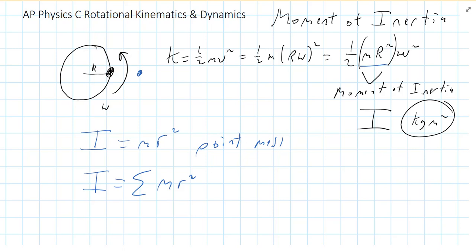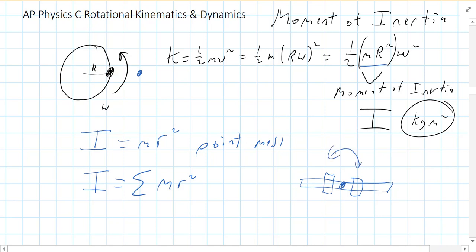As an example of this, imagine you have a bar and you put two weights on it, here and here, and you stick your hand there and try to twist it back and forth. You're twisting it clockwise, counterclockwise, back and forth, and you're trying to change direction as rapidly as you can.